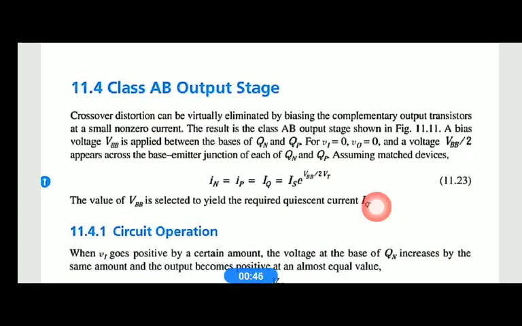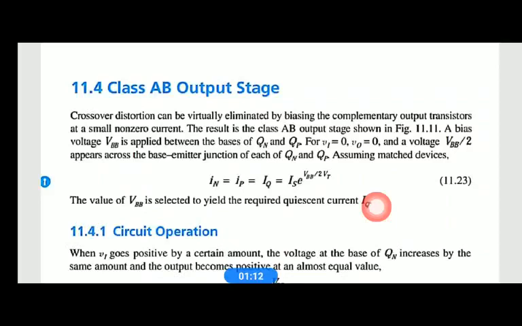Crossover distortion means when the input voltage crosses from positive cycle to negative cycle, or from negative cycle to positive cycle, for a certain period we will not get the output voltage.